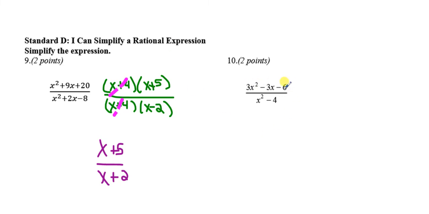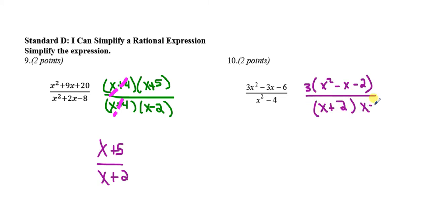Okay, now this one is a little bit tricky because we have a 3 as a common factor. 3 times x squared minus x minus 2, and the bottom factors into a difference of squares, x plus 2, x minus 2.